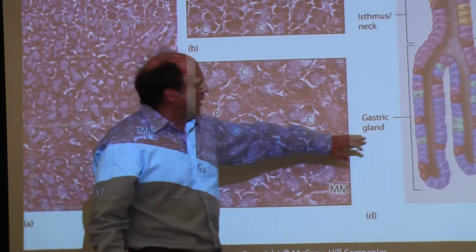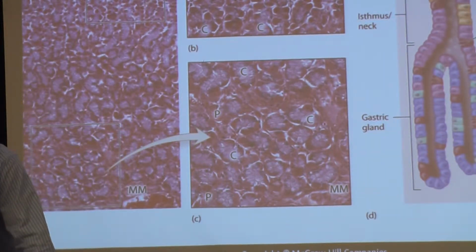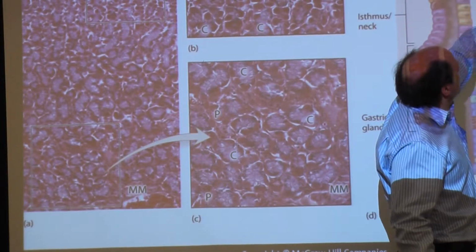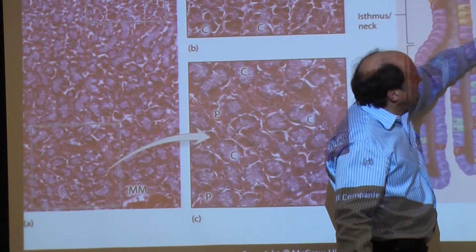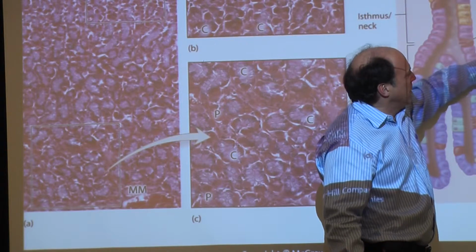Just wanted to point this out, that within the stomach, gastric glands, there are these indented areas, and then you've got a bunch of different cell types. So you've got surface mucus cells, mucus neck cells, parietal cells, and the parietal cells are where they're making the hydrochloric acid.